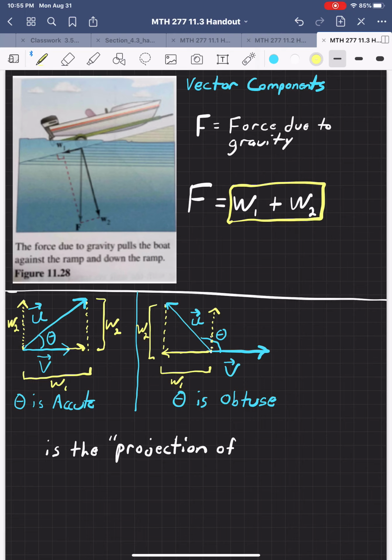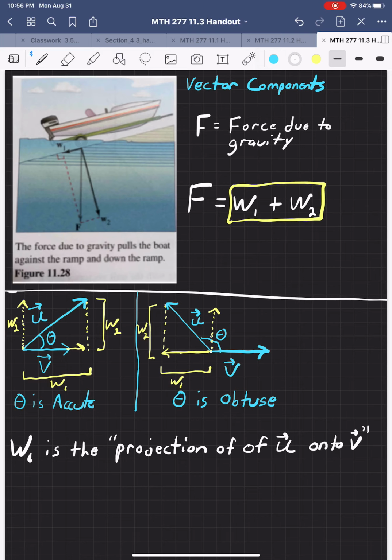And now let's actually give these a name, right? Let's give a name to vector w sub 1 and vector w sub 2. And then after we give them a name, we'll start to look at some properties. So let's start with w sub 1. It is what we refer to as the projection of vector u onto vector v.